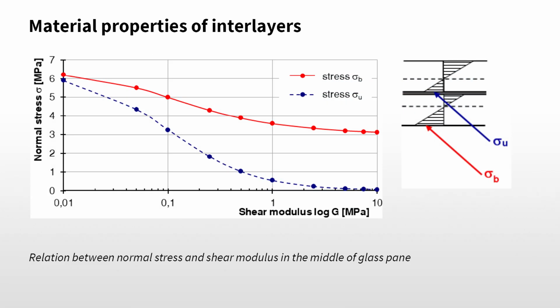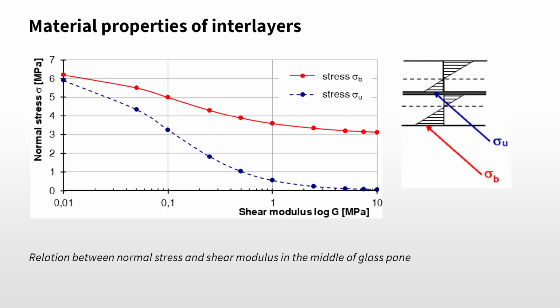A numerical study was performed on a square pane made from double-layered laminated glass, which was simply supported along 4 edges and loaded by a uniformly distributed load. The relation between the largest normal stress and the shear modulus of the interior is shown in the graph.